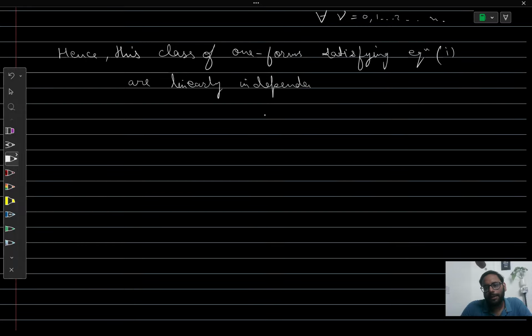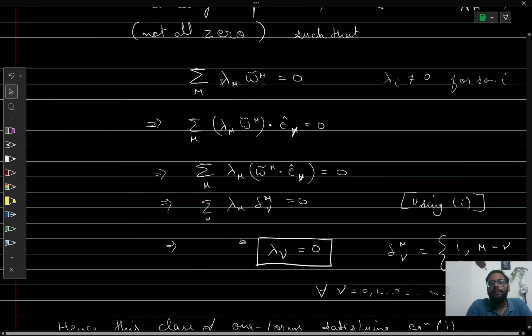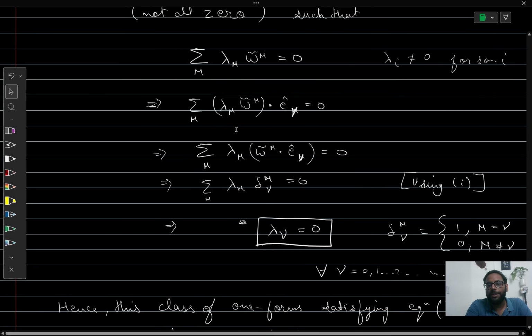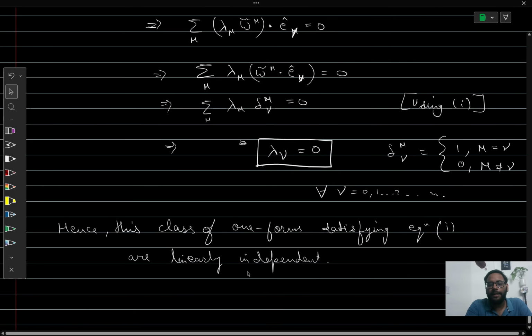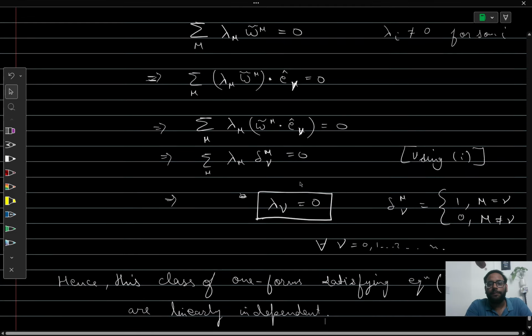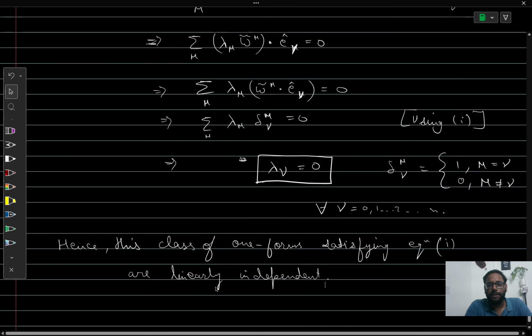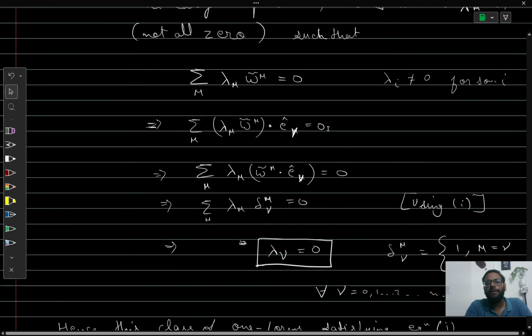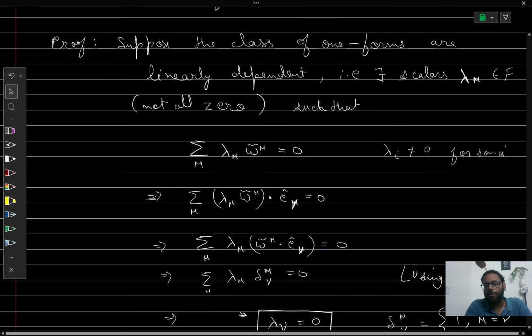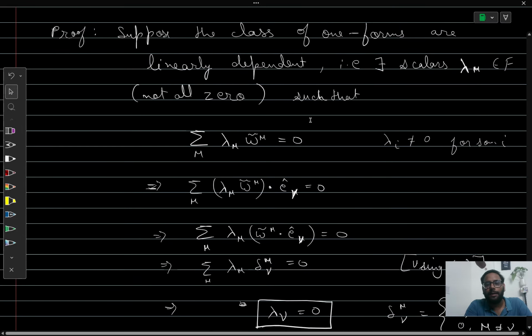Of course, you have studied this in the quantum mechanics course, that when the coefficients of any basis are all 0, then they are linearly independent. Initially we assumed that some of them are non-zero.